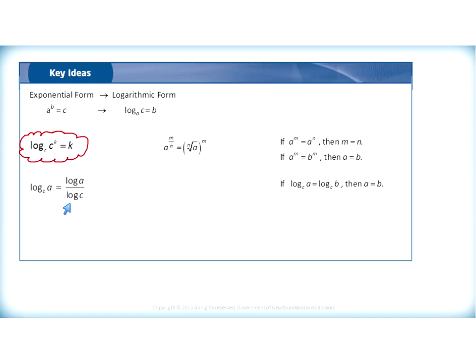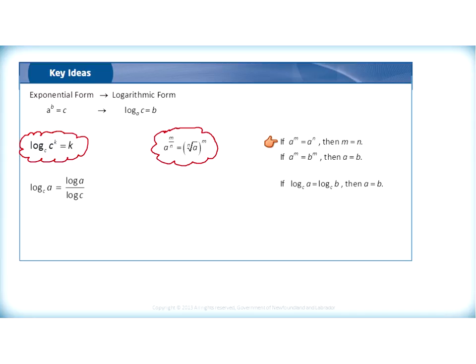We also used our rule for converting a fractional exponent to a radical. So if we have a raised to the power of m over n, that's equal to the nth root of a, all raised to the power of m. That property is used frequently as well. And the other properties: if we have two powers with the same base, if a to the m is equal to a to the n, then we know that the exponents must be equal.